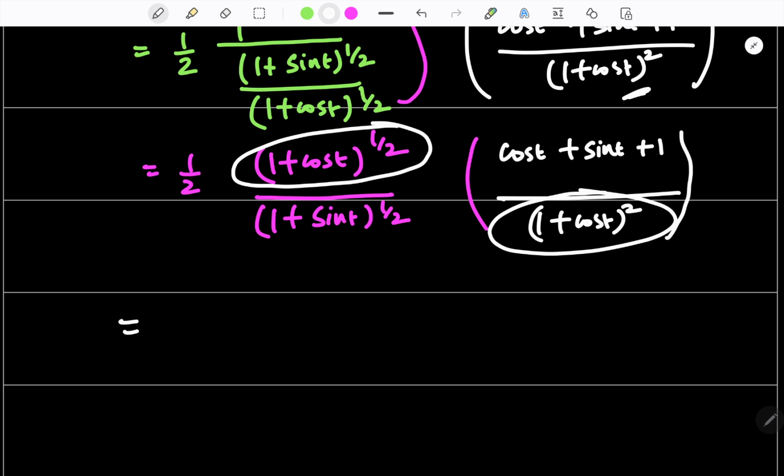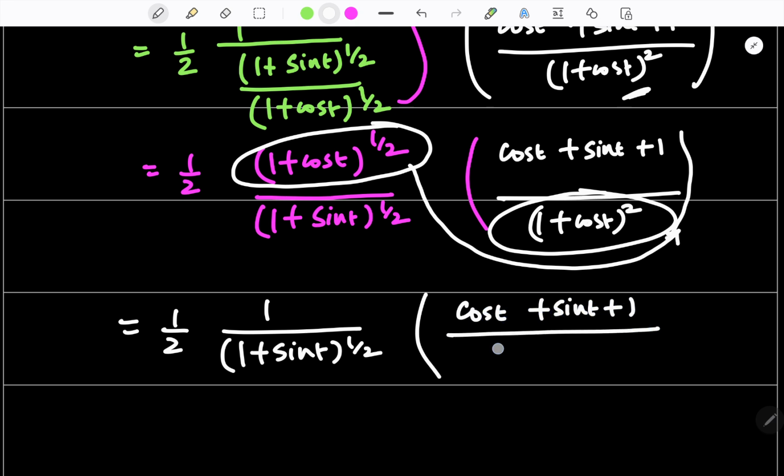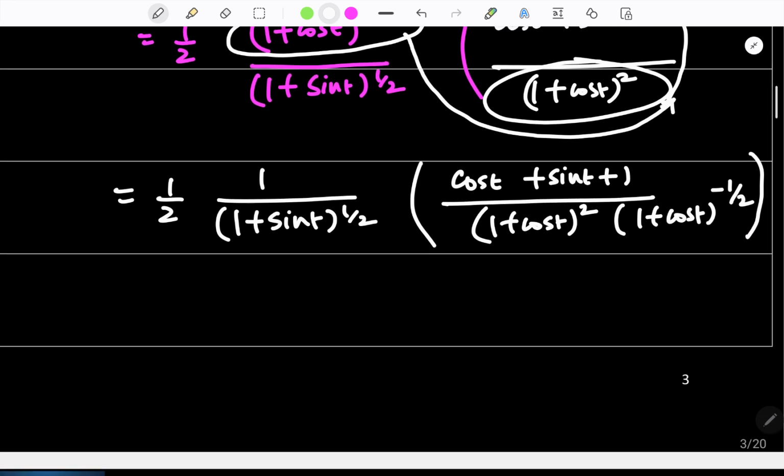So when both are same terms, I can join together because this is half and this is 2. Suppose I bring this one down to join here. What will happen? 1 by 2, 1 by 1 plus sine t the whole power half. And then bracket open cos t plus sine t plus 1 divided by 1 plus cosine t the whole square. And then I bring this 1 plus cosine t negative 1 by 2. Clear? So because coming down.